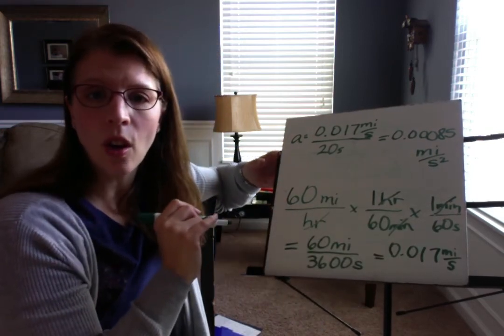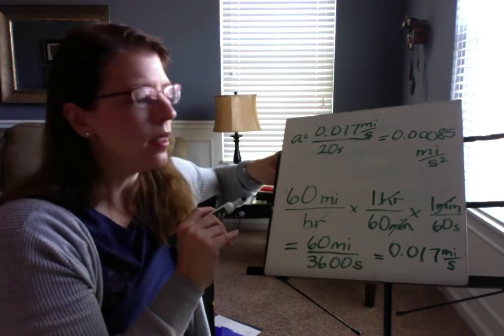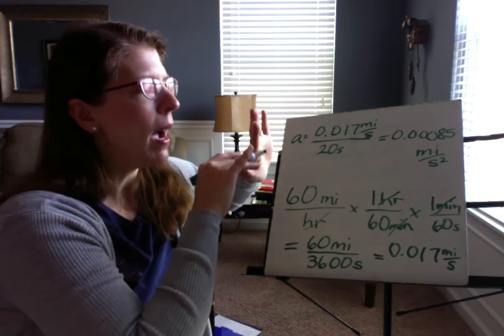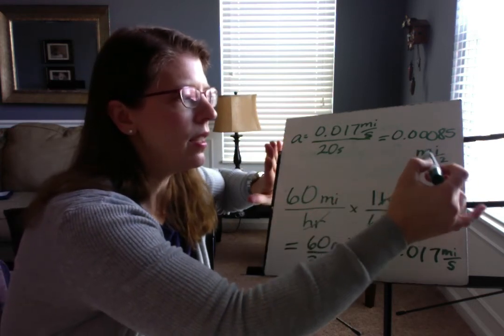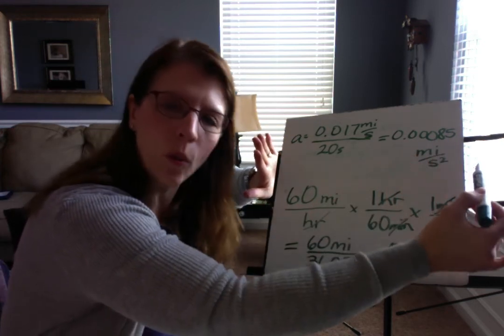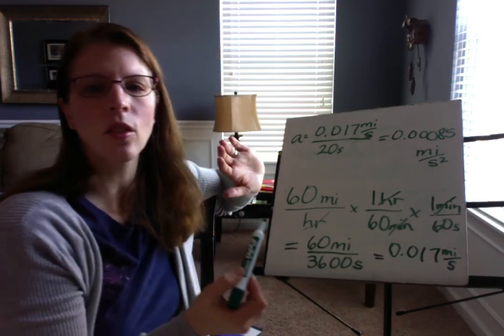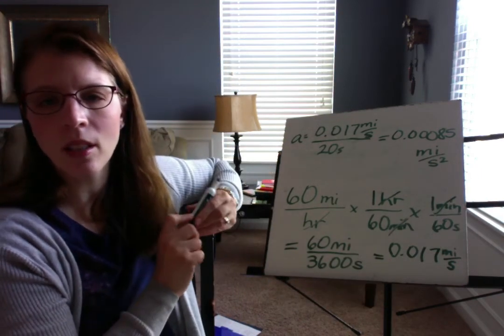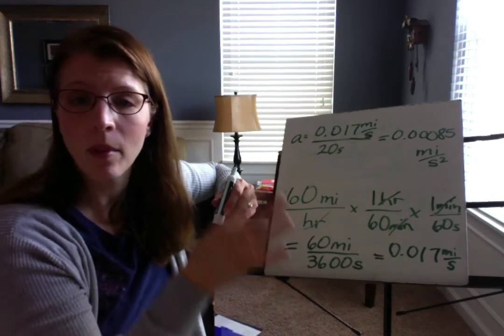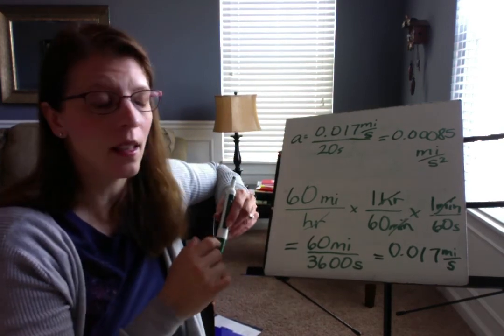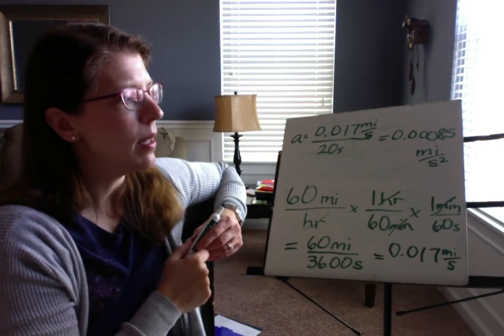Okay? So for acceleration, my units are always going to be a distance unit divided by seconds squared. That's just the way acceleration works out, since it's a velocity divided by a time, and velocity already has some seconds in there, so it's always going to be seconds squared.